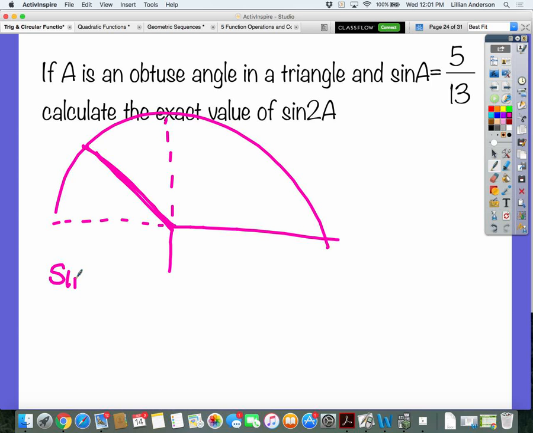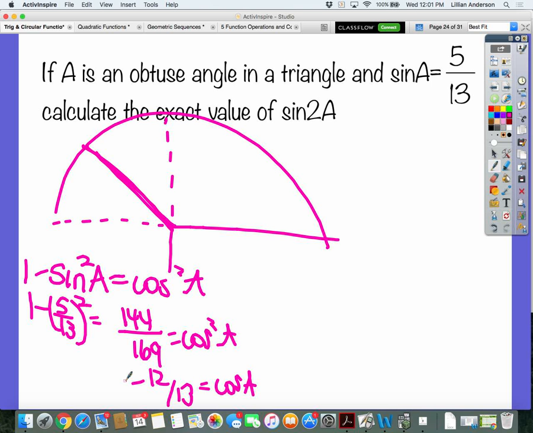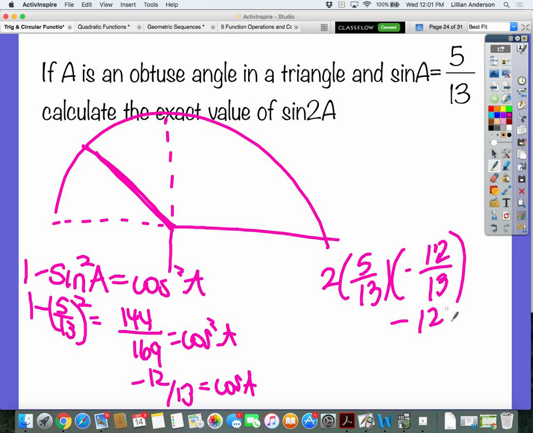So when you sat there and did what I think you did, maybe, okay, and you plugged in, and you solved, over 13 would have had to have been negative because you were in the second quadrant. So when you multiply 2 times 5 over 13 times a negative 12 over 13, you get a negative 120 over 160.